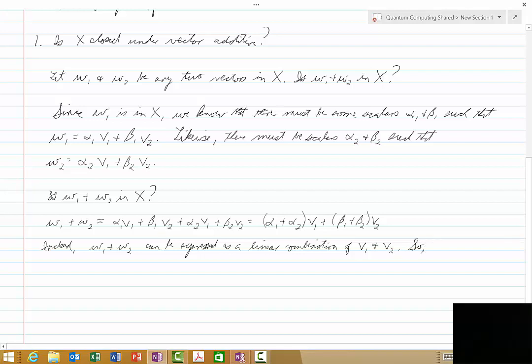So W1 plus W2 is an element of X. So X is indeed closed under vector addition.